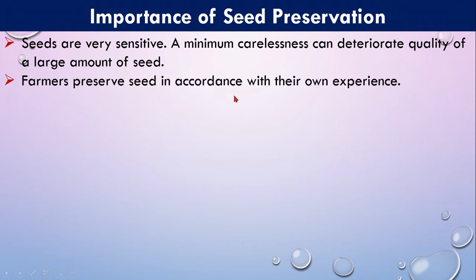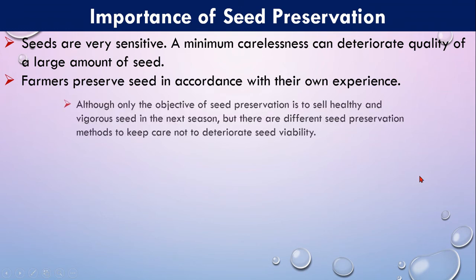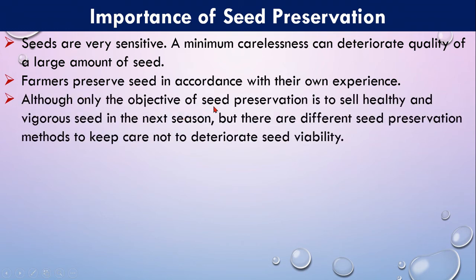Farmers preserve seed in accordance with their own experience as well. The objective of seed preservation is to sell healthy and vigorous seed in the next season, but there are different seed preservation methods to take care that seed viability does not deteriorate.